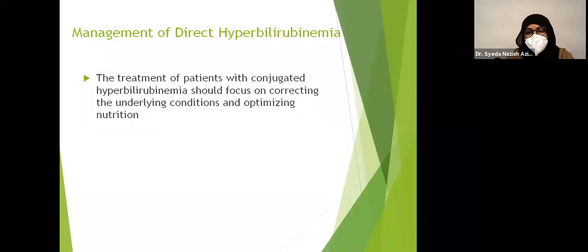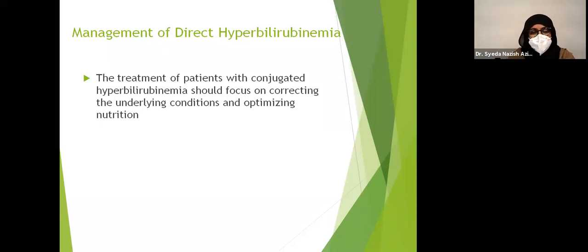For the management of direct hyperbilirubinemia, it totally depends upon the cause. As you know, we cannot do anything upon the direct hyperbilirubinemia level except to treat the reason for it, and of course optimizing nutrition. So it will totally depend. Let's say if a baby has direct jaundice due to biliary atresia, they will need a surgical repair.